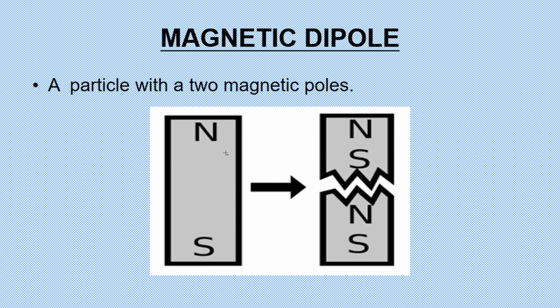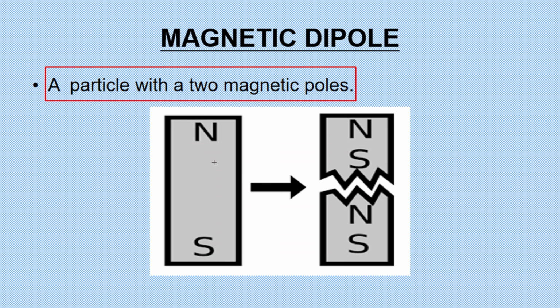After discussing magnetic monopoles that do not exist in nature, we move towards magnetic dipole. Dipole basically means two poles. A particle with two magnetic poles is called a magnetic dipole, and a magnet always exists in a dipole form. Whenever we consider a magnet, one pole of that magnet is referred to as north pole, while the other side is referred to as south pole.